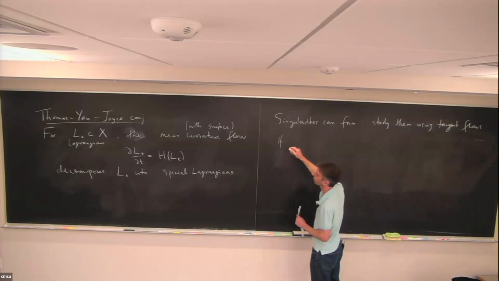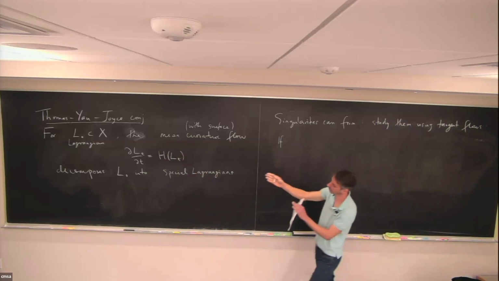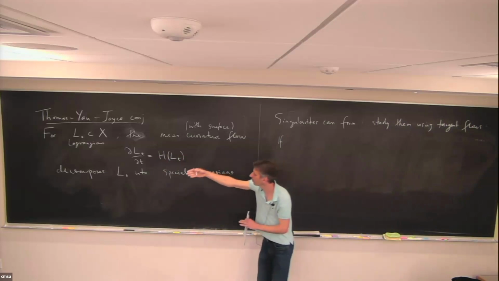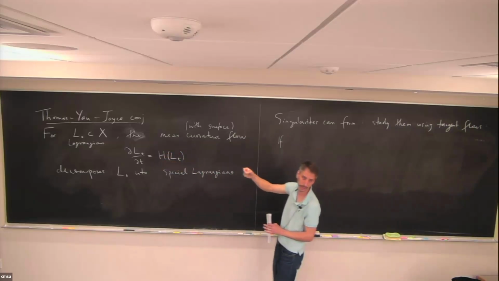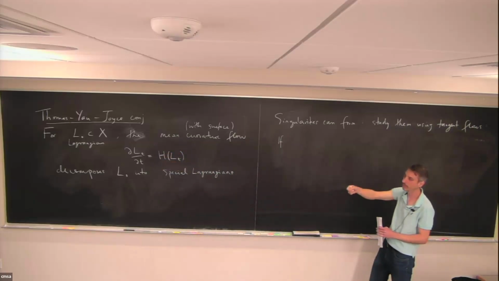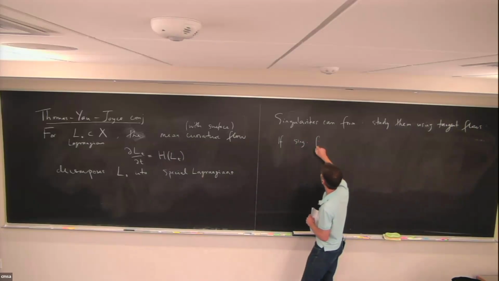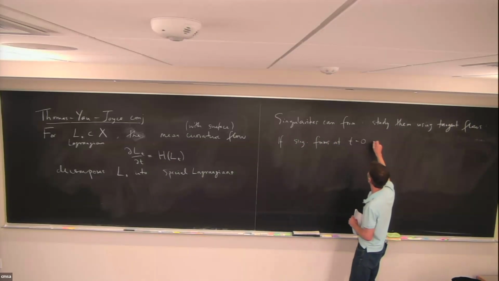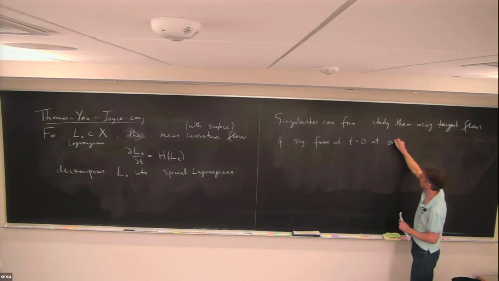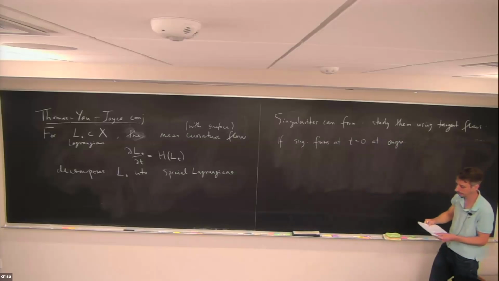Suppose that you shift time by some negative number if you want, and shift in space so that the singularity occurs at time 0 at the origin. So suppose you have some singularity at t equals 0 at the origin. You can always translate your flow to make this happen.